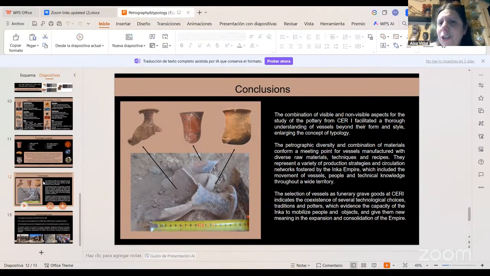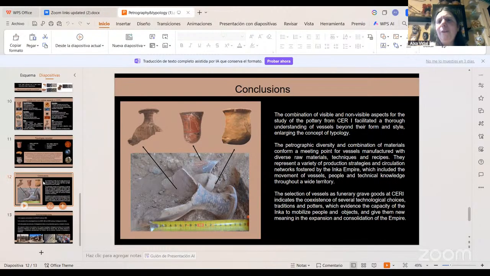The combination of these visible and non-visible aspects for the study of pottery facilitates a more thorough understanding of vessels beyond the typical typologies that existed in the era of form and style, and enlarges this concept of typology to include non-visible aspects. The petrographic diversity and combination of materials can form a meeting point for different vessels.